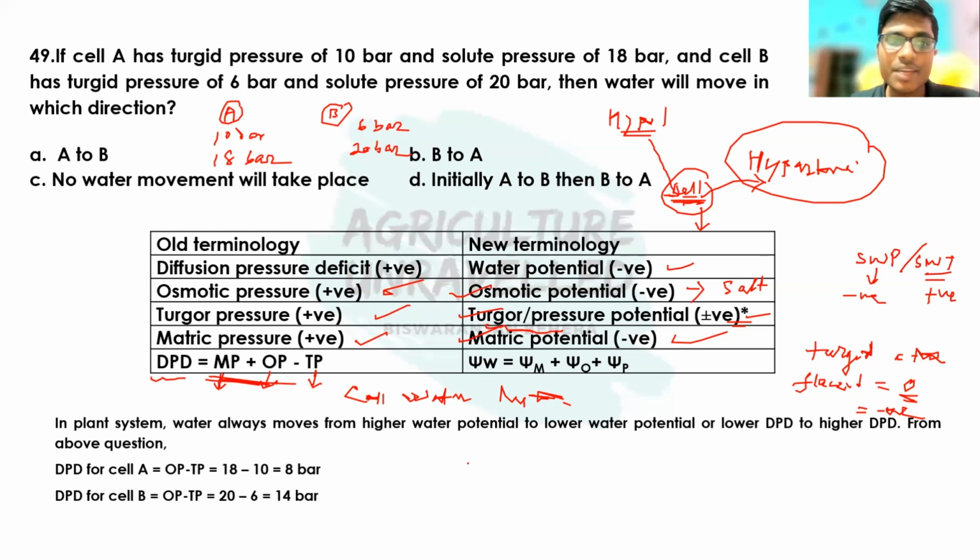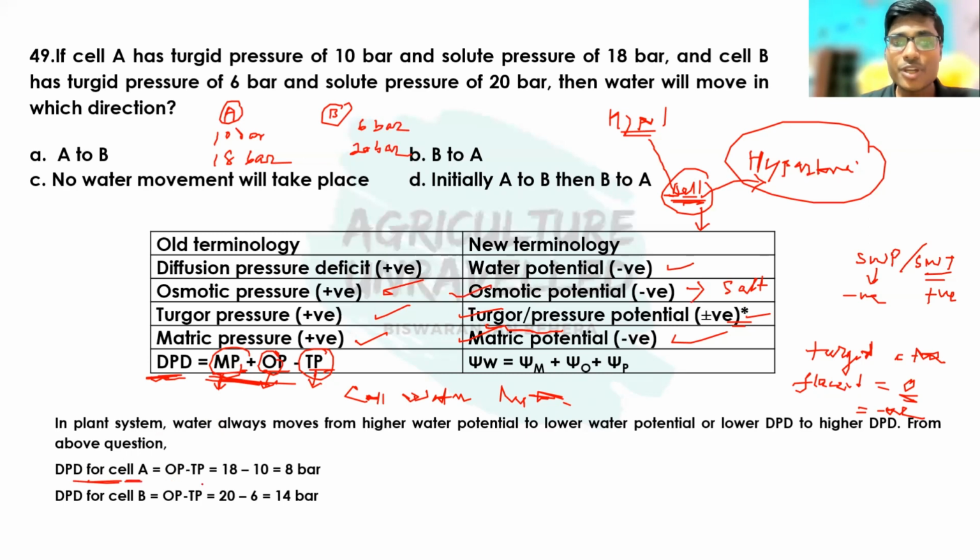That is the reason why diffusion pressure deficit is always matric pressure plus osmotic pressure minus turgor pressure. Because here turgor pressure higher means diffusion pressure deficit is lower. It means water will not come inside. And if matric pressure or osmotic pressure is higher, it means water is deficient inside the cell and water should move from outside to inside the cell.